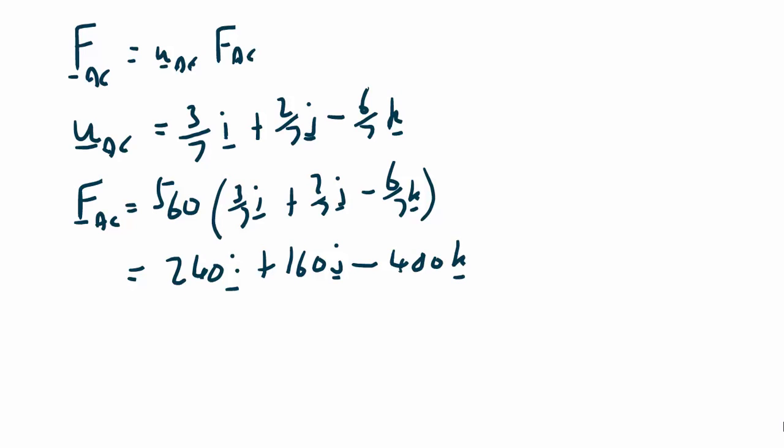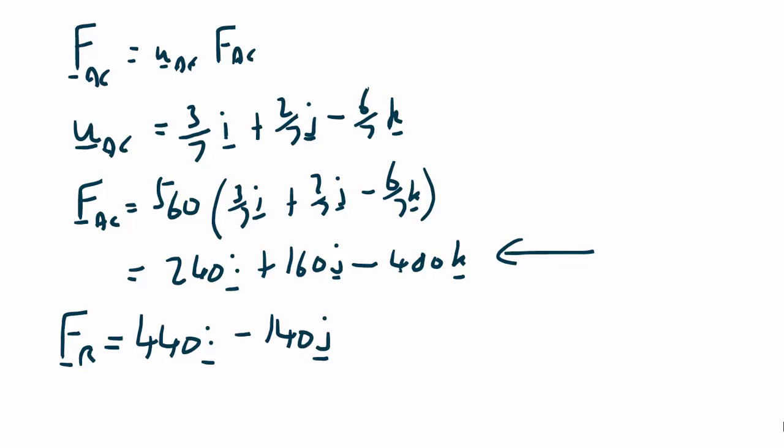If I then take my FAC Cartesian vector from here, and I take FAB from the previous slide, the 200i minus 300j minus 600k, I can add those together, add the i's, the j's and the k's, so I'll get 440i minus 140j minus 1080k.